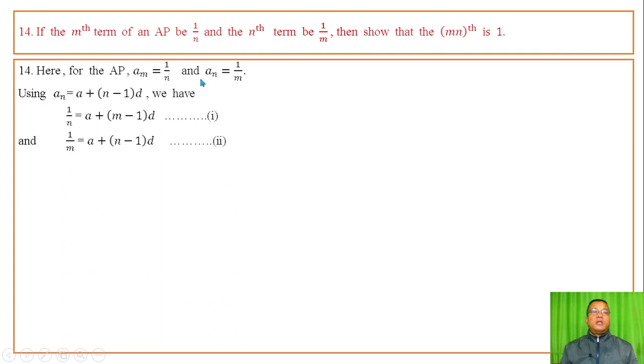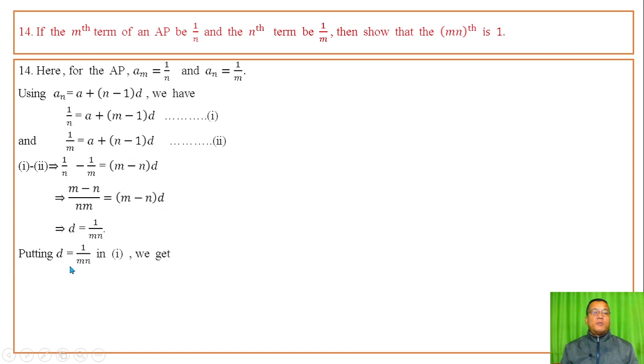Similarly, the nth term is 1 by m, which gives equation 2. To eliminate a, the coefficient of a has the same magnitude and sign in equations 1 and 2, so we subtract. Solving for d, we get d equal to 1 by mn.